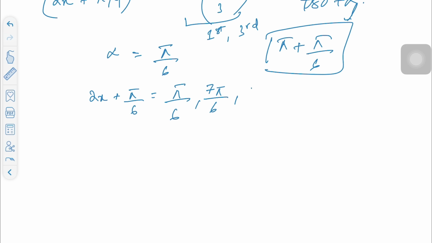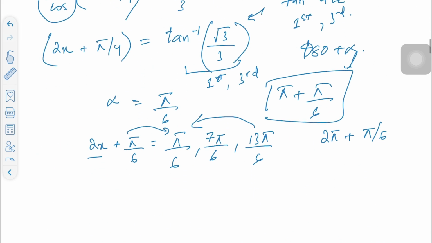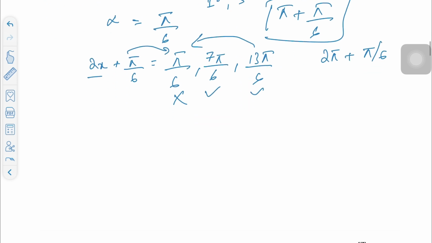So again, the next would be 13 pi by 6, which completes a round of 2 pi. So the 2 pi would be added to pi by 6, right? So when we solve this, we'll subtract pi by 4 from this and divide it by 2. Now since 0 is not included, we'll reject this and we'll use these two to get our answers, and our answers would be 11 pi by 24 or 23 pi by 24, right?